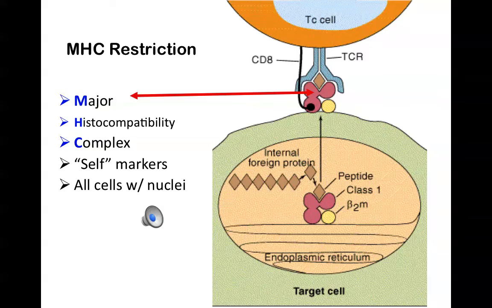Ideally, we want a pretty good match. We want the organ MHC, or major histocompatibility complex markers, on the donor tissue to match up pretty closely with the recipient's MHC.